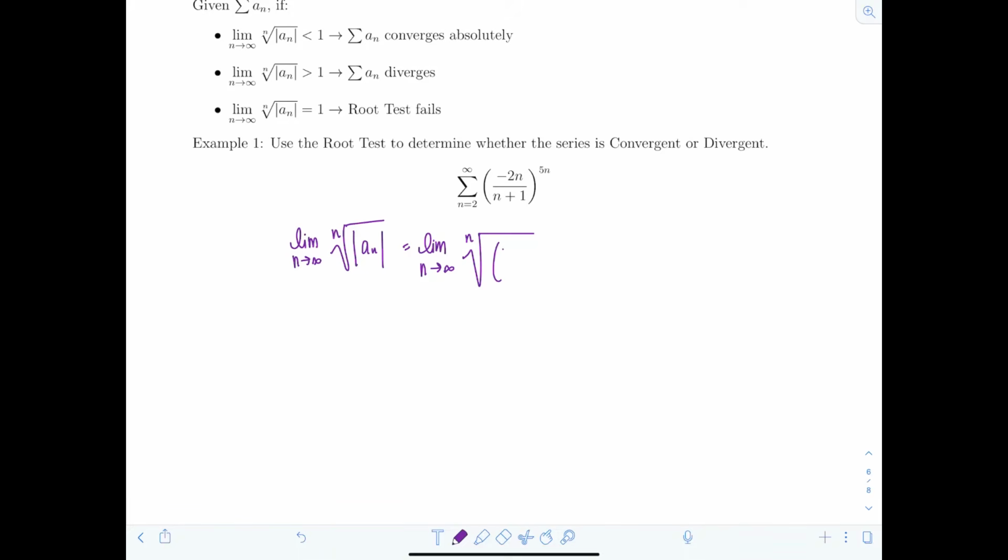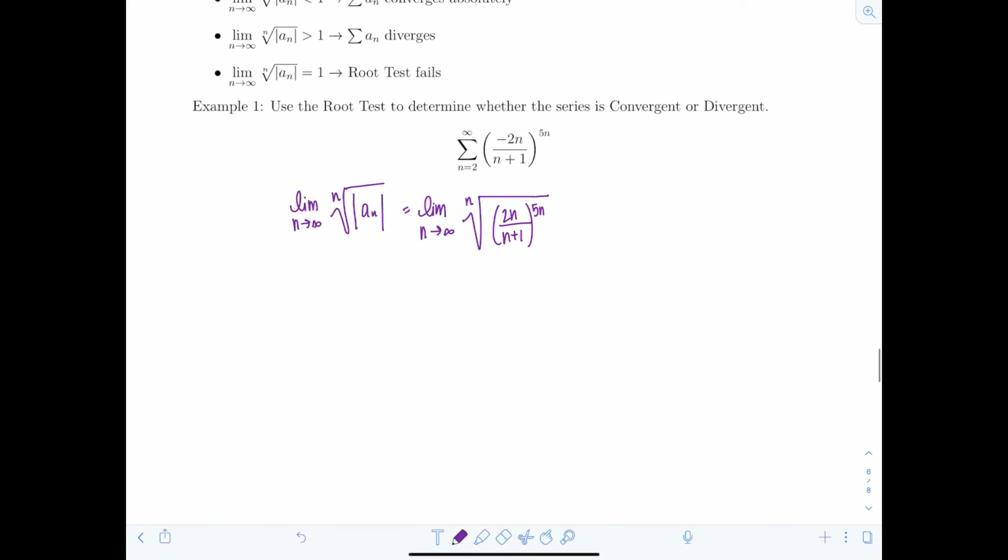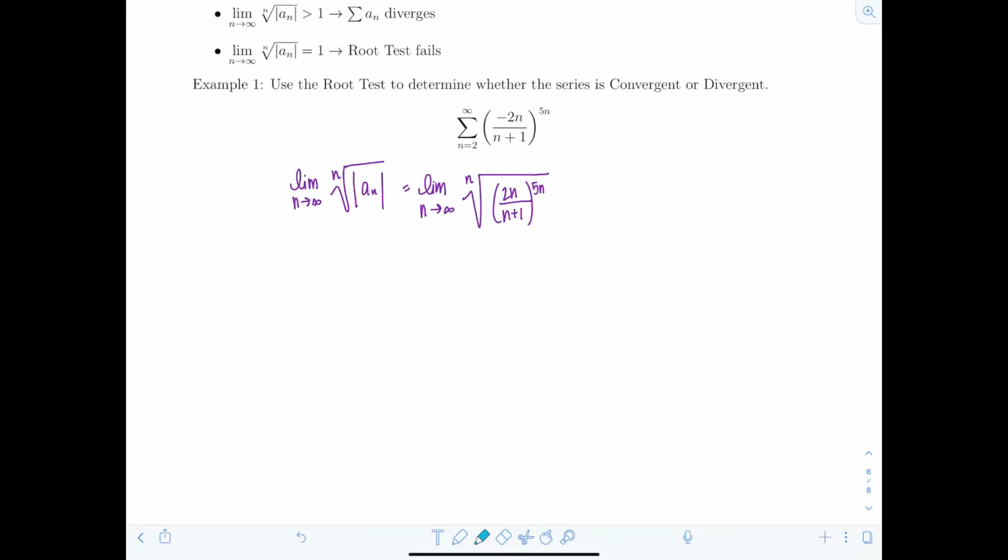So I'm just going to have 2n over n plus 1 raised to the 5n. And you'll see the root test is a perfect test to apply to this particular series because when I take the nth root of 5n, remember you're just basically dividing the exponent by the index. So I'm going to be left with the limit as n approaches infinity of 2n over n plus 1 raised to the 5th.